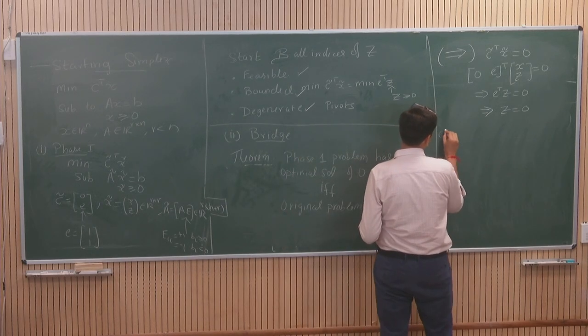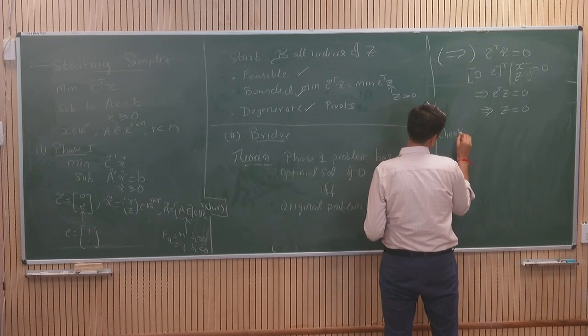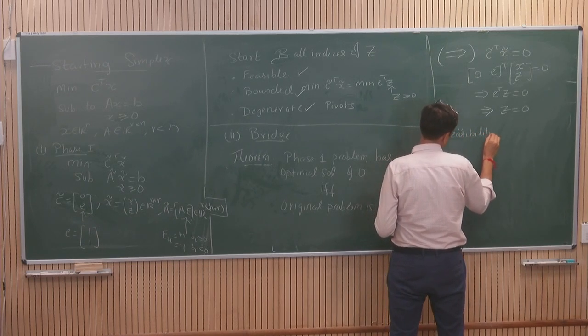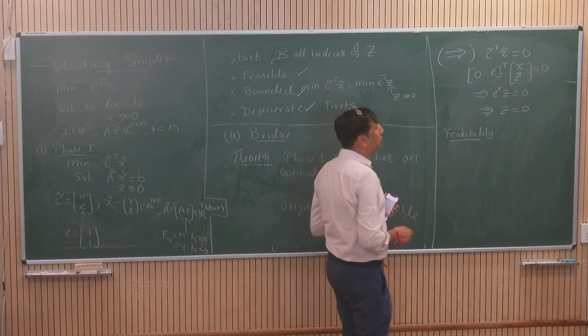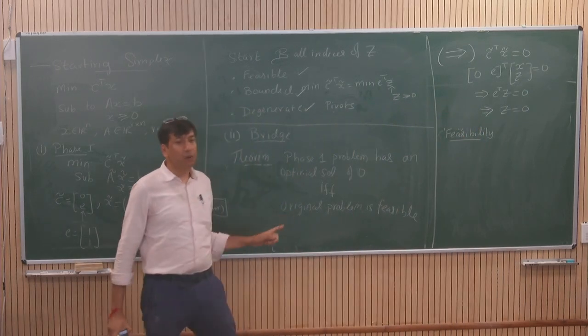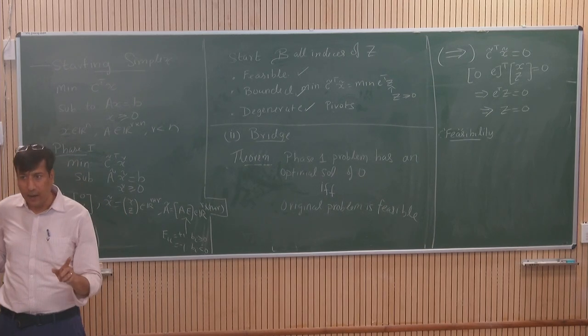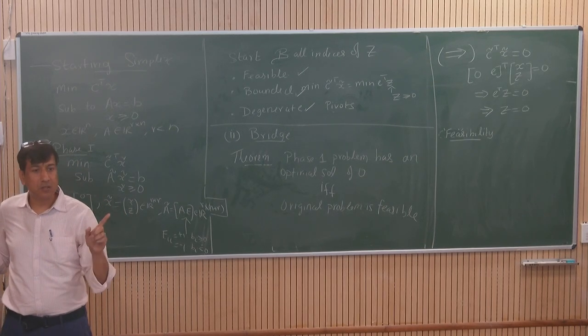Now check the feasibility. We know that the phase 1 problem has converged to the optimal solution 0, which means that the solution you get is also a feasible solution, right?